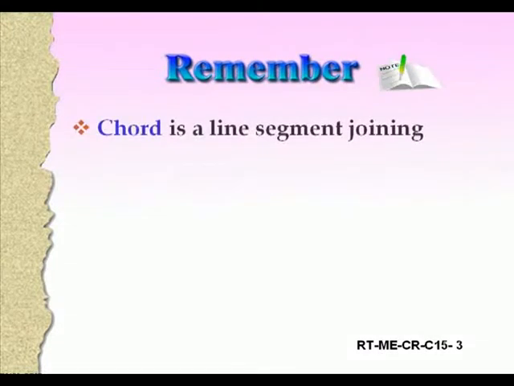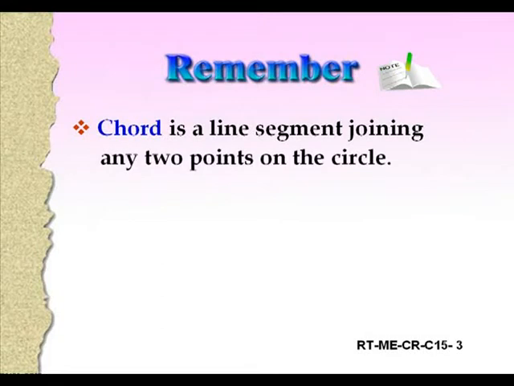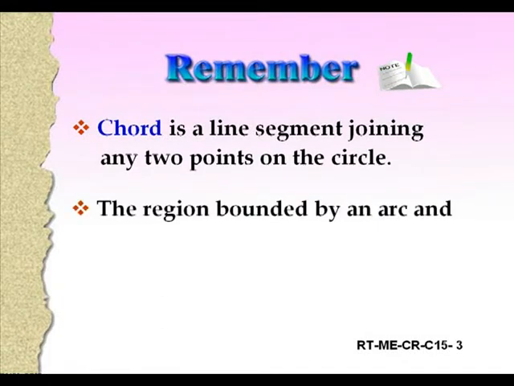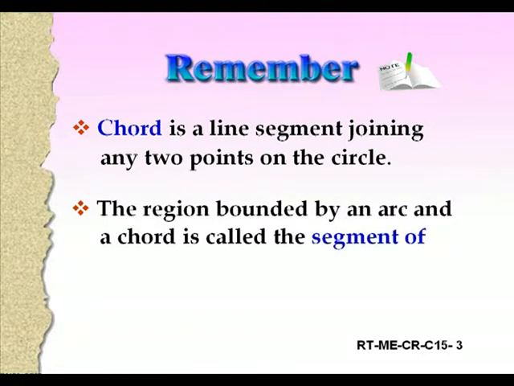Chord is a line segment joining any 2 points on the circle. The region bounded by an arc and a chord is called the segment of a circle. Dear children, write down all these important points in your book.